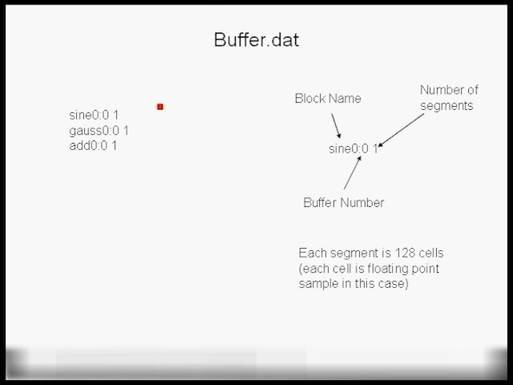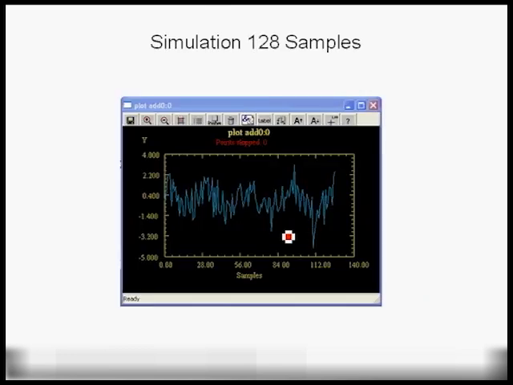So in this case, even though we're generating, for example, 1 million samples, the buffers are bounded and are only the size of 128 cells, shown here, one segment for each. We don't have a problem. Here's a result of a simulation of the previous block diagram with 128 samples, where we have the sine wave plus additive Gaussian noise.